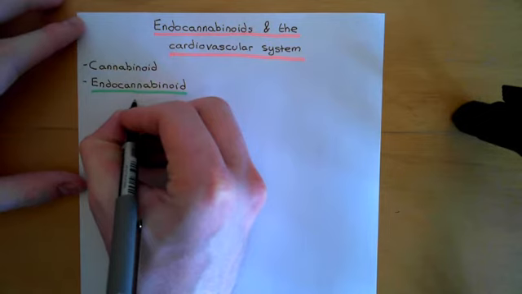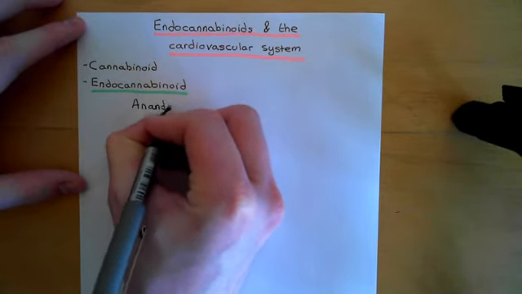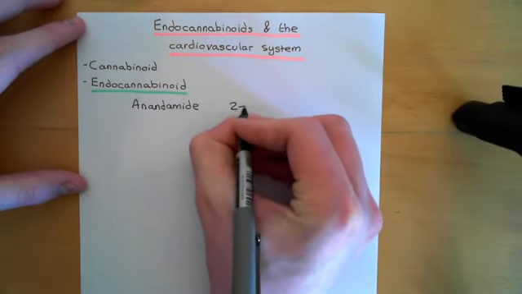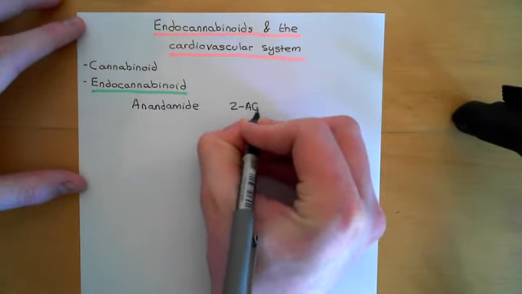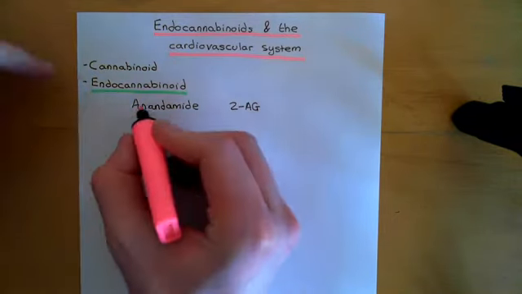So the two main ones are a molecule that's called anandamide, and the other one is what's known as 2-AG. Okay, so we're going to start off this video then with studying what anandamide actually is and what 2-AG actually is. Okay, so let's start off with anandamide.